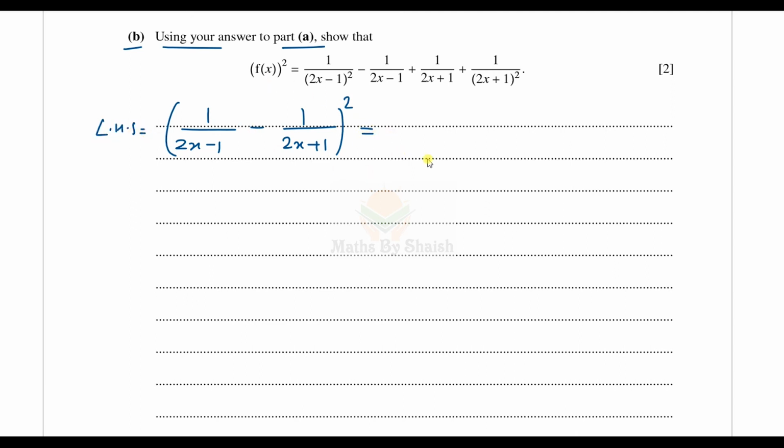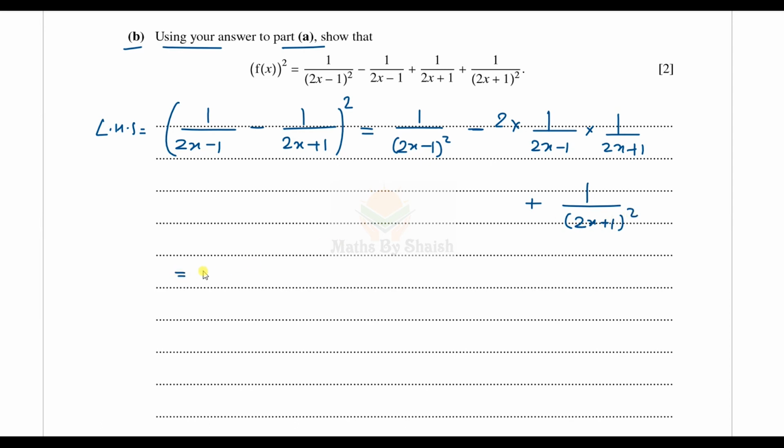We can use the (a minus b) whole square identity, and it is going to be the first term squared, 1 over (2x minus 1) whole square, minus 2 times first term, that is 1 upon 2x minus 1, into second term, that is 1 upon 2x plus 1, and plus second term squared, that is 1 over (2x plus 1) whole square.